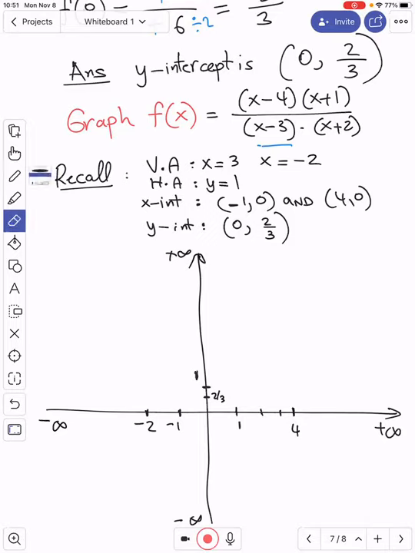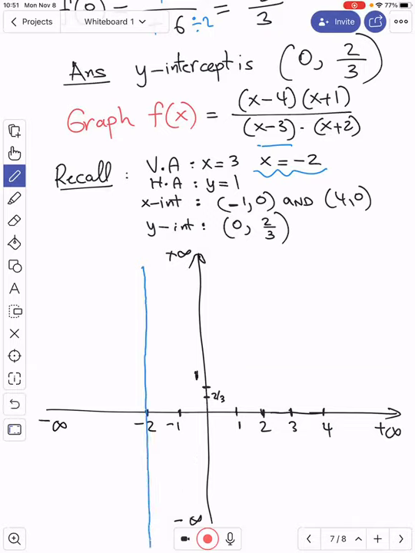So this is 2, this is 3, and here's 4. So we have x equal to -2. That's my first vertical asymptote. So here's my x equal to -2.